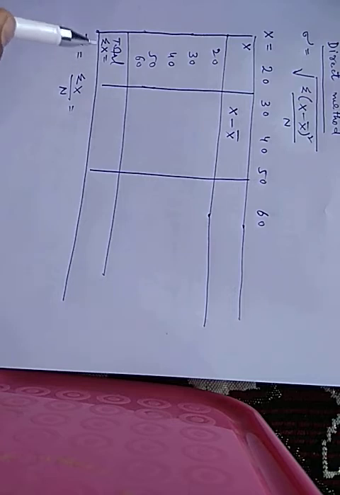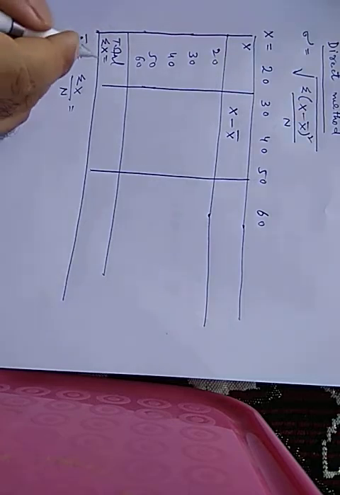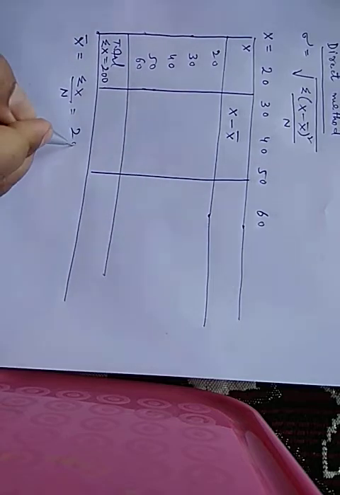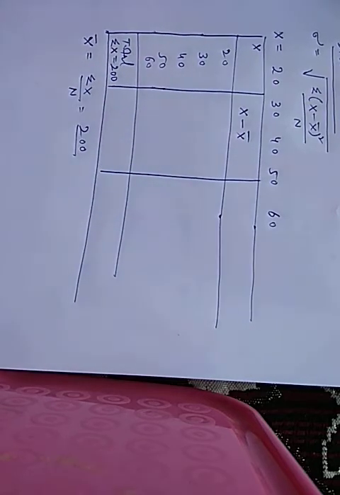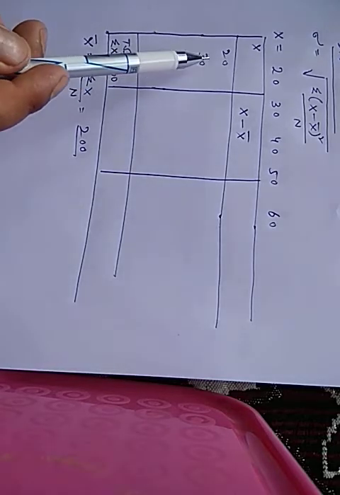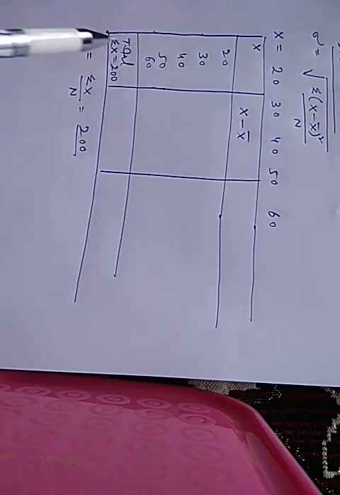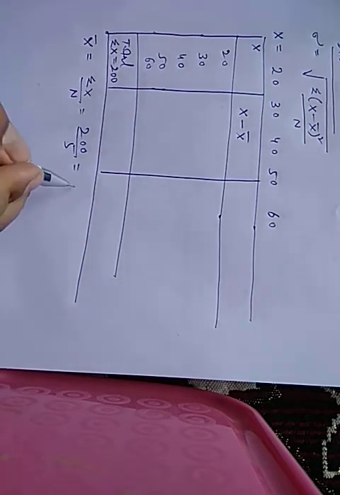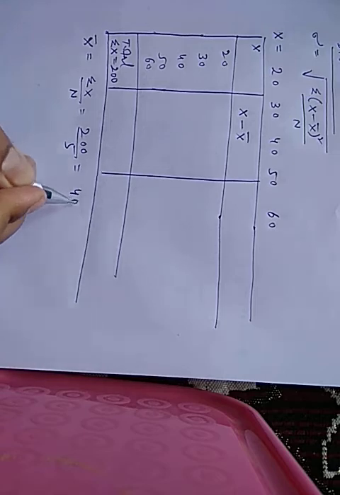Sigma x is equal to 200. 200 divided by n, number of observation, number of items in a given series, it is 1, 2, 3, 4 and 5.